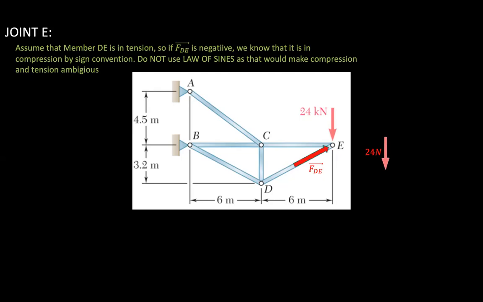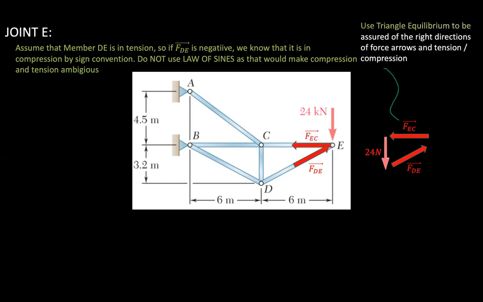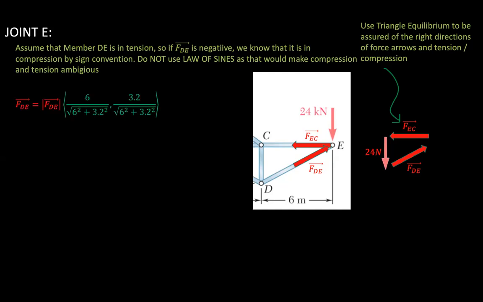We have the force FDE over here, which we assume is in tension. We draw that. And then we know that the direction of FEC must point to the left for the force triangle, for all the forces in the force triangle to add to 0. Use triangle equilibrium to be assured of the right directions of force arrows and tension or compression.